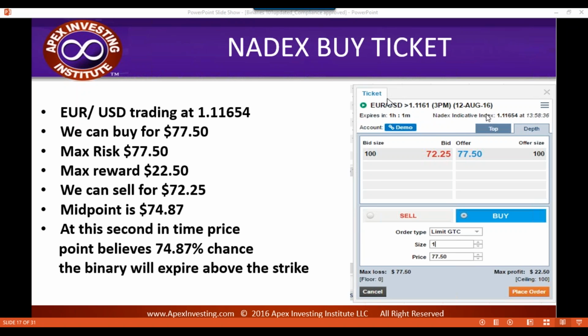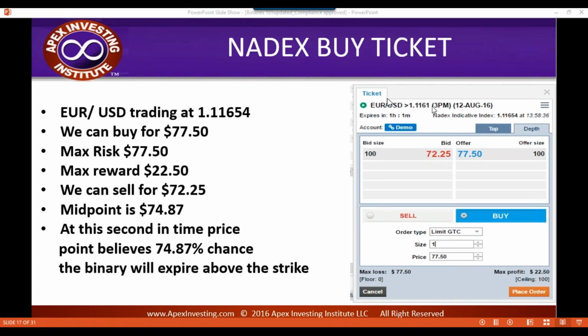Let's take a look here. See right here, this Nadex indicative, 1.1654. Notice this only has 4 numbers. The indicative has 5. So if it expired at 1.1610, it didn't expire greater, right? But if it expired at 1.1611, it would.